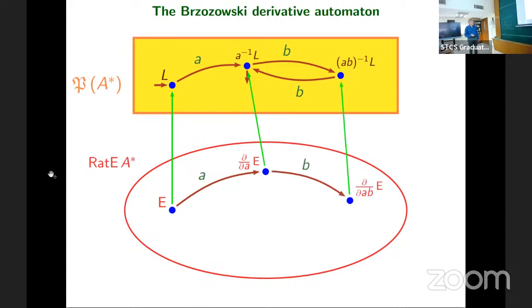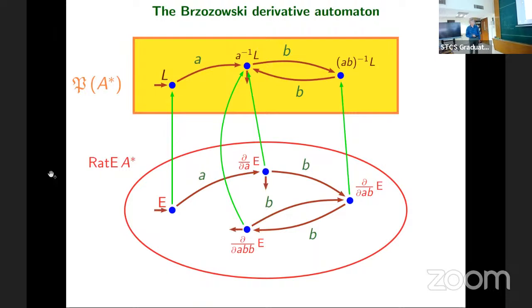So you can go on and on, and to some extent you're able to build a finite automaton. Initially, E is an expression associated with the language we started off with. It's just a sketch, just to give the idea.